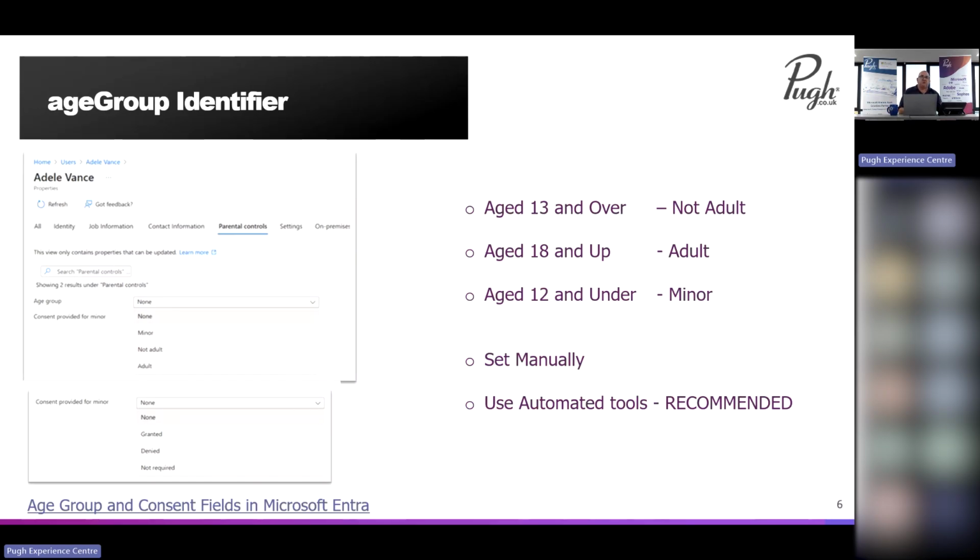Or if you want to do it at year 8, you might have to bring people in as you want to. This is something you have to decide as a school, how you are going to handle this. Okay, so you have to set up an age group identifier as well and grant access to those users.